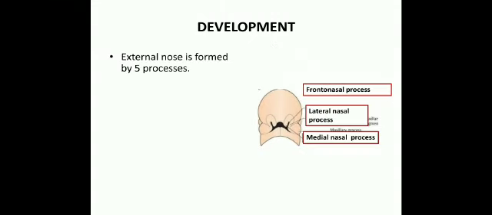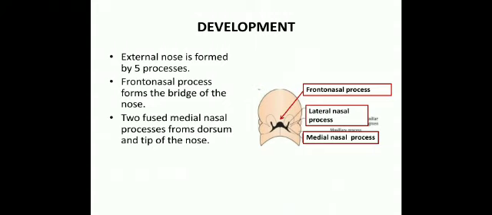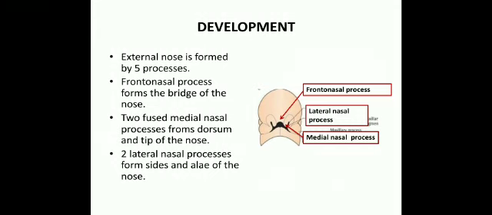The external nose is formed by 5 processes. The frontonasal process forms the bridge of the nose. The 2 fused medial nasal processes form the dorsum and tip of the nose, and the 2 lateral nasal processes form the sides and alae of the nose.